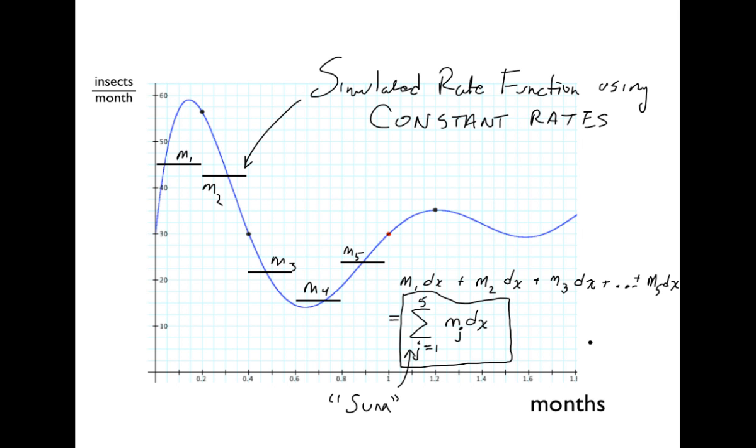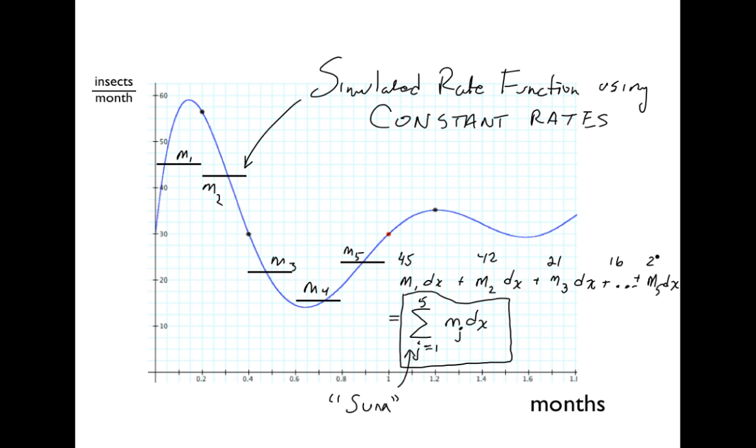Okay, and so what do you get? All these dx's are 0.2, and if I just put in the M's that I'm pulling off here, so 45, and then 42, M3, say 21, M4, 16, and M5, I don't know, 23.